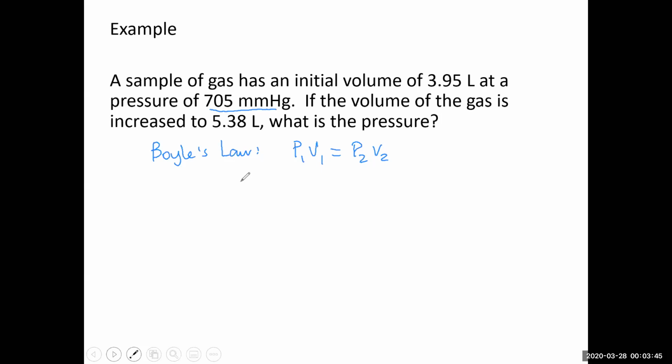So that'll be P1, 705 millimeters of mercury, times V1, when the initial volume was 3.95 liters, which is equal to the product of P2 times V2. We do not know yet what P2 is. That's what we're trying to solve for. But we do know what our final volume, or V2, is. V2 is 5.38 liters.